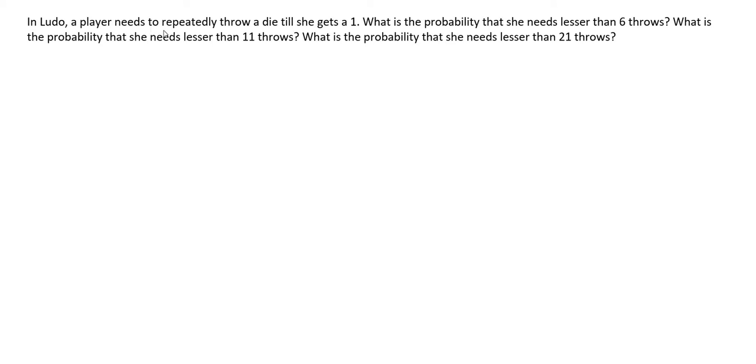In Ludo, a player needs to repeatedly throw a die till she gets one. Let A be the event that she gets one, and the probability of A is 1 by 6. What is the probability that she needs less than 6 throws? First we find fewer than 6 throws.